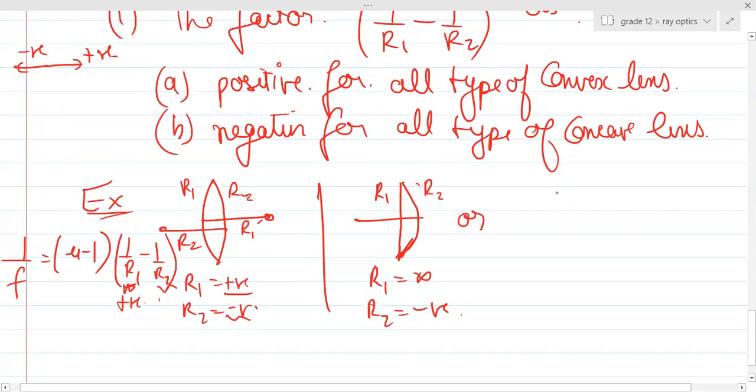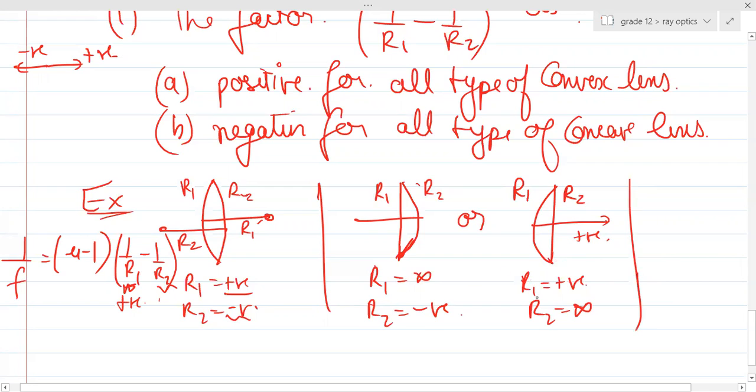If you don't place it like this, you place it like this. So can you see, R1 is over here, R2 is over here. Now R1 is positive, but R2 is infinity. Are you getting my point, guys? Yes, sir. I won't explain for concave lenses. You need to do that on your own analysis. So here also R1 is positive, so this whole thing is positive, this whole thing is 0. Again this factor is positive.